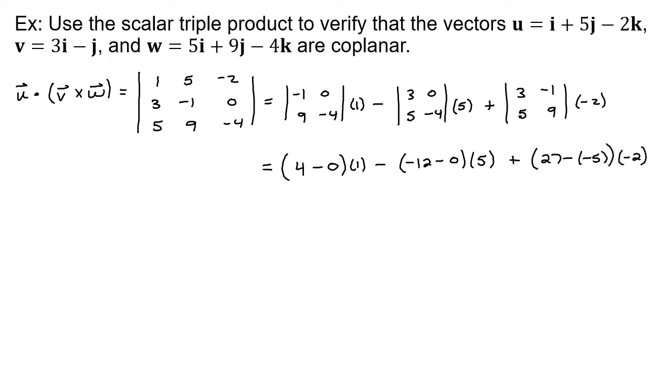Still times negative 2. So this is just 4. The negative 12 times the negative would make a positive 12, times 5 would make positive 60. And 27 minus negative 5 is 27 plus 5, which is 32 times 2, which is 64.